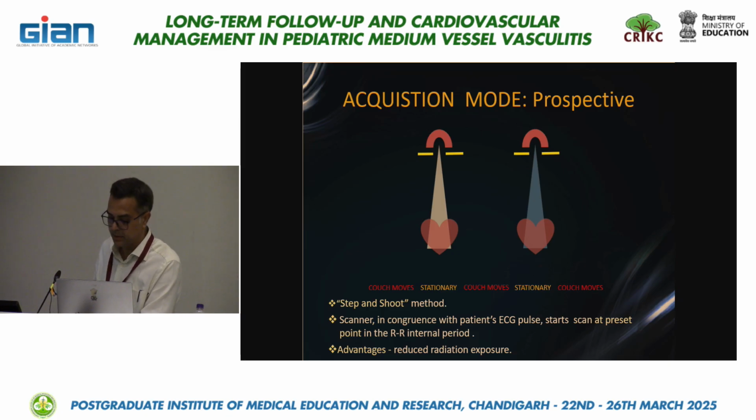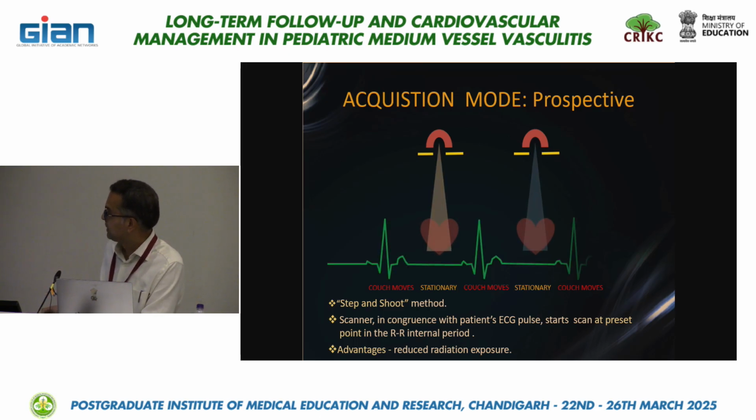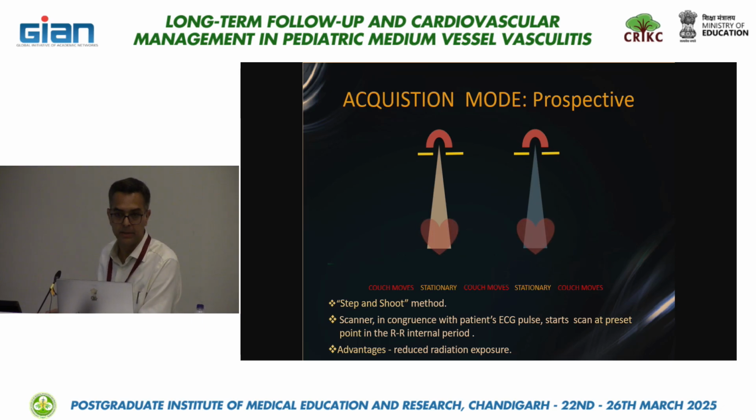So we have two modes: the prospective gating mode or the retrospective gating mode. In the prospective one, it is a step and shoot method, and the scanner scans only during the prescribed period of the RR interval. The advantage is that it has a lower radiation exposure, but it requires a stable heart rate.